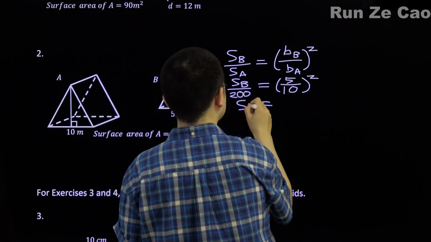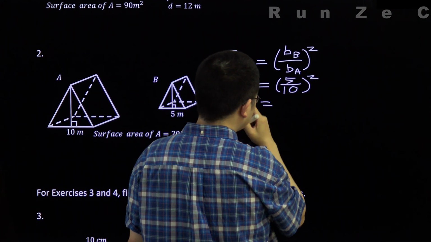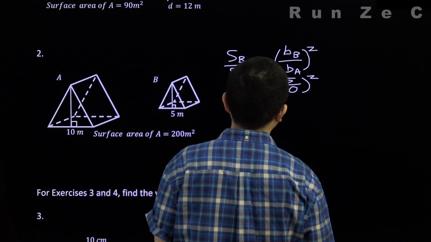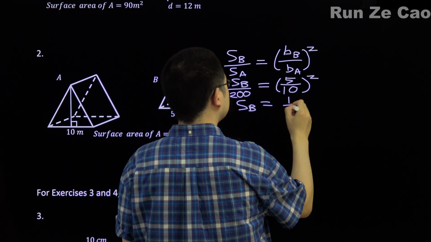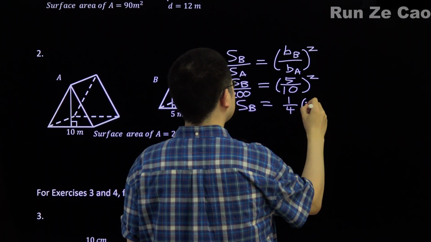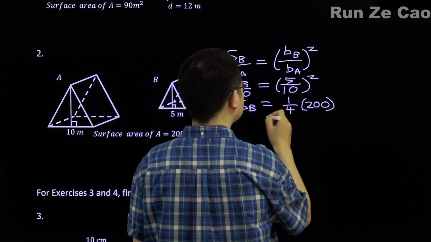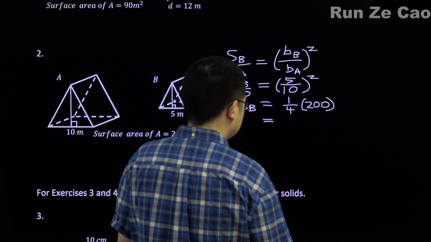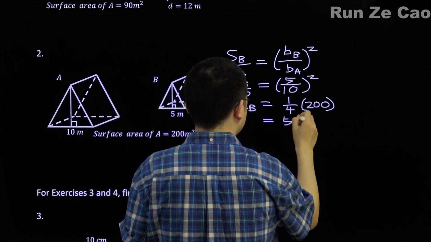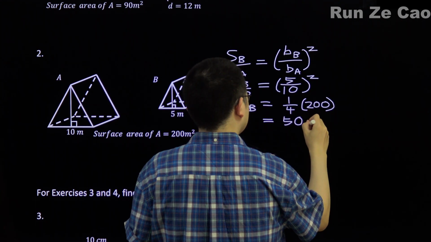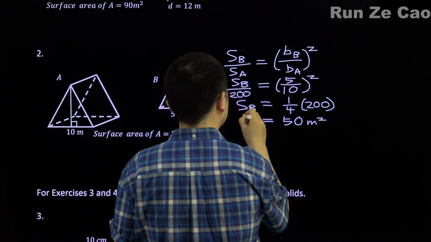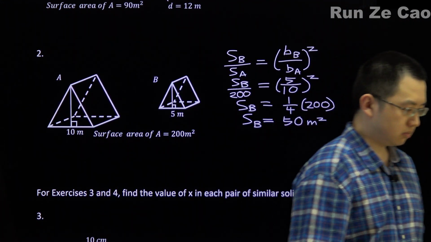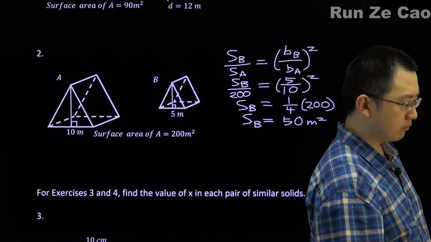So therefore, the surface area of B is 1/2 squared is 1/4 times 200. So that gives us 50 meters squared is equal to S of B, the surface of B.